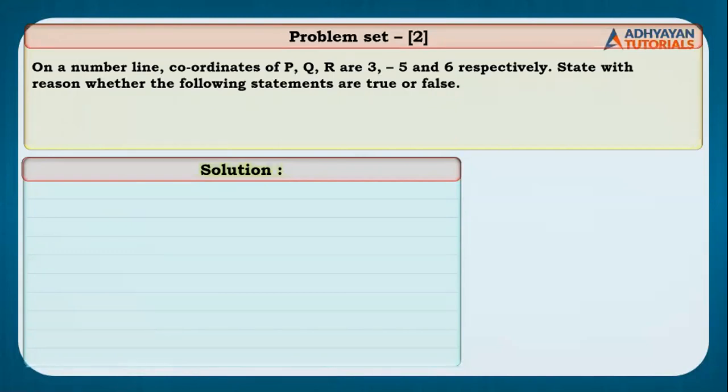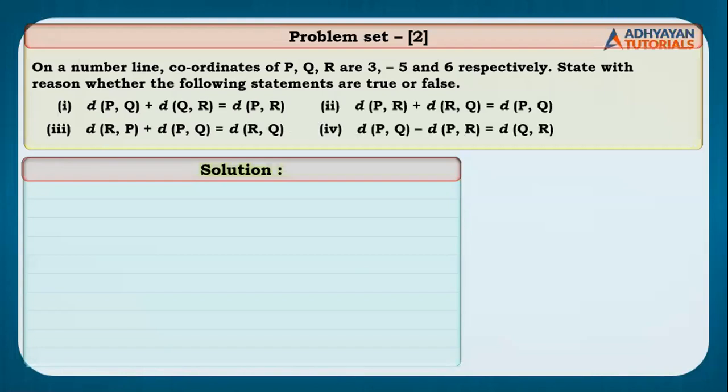On a number line, coordinates of P, Q, R are 3, -5 and 6 respectively. State with reason whether the following statements are true or false. So we have to state out of those 4 options which you can see on the screen, which one is the correct option, which is true, and also we have to give reason for it, right?